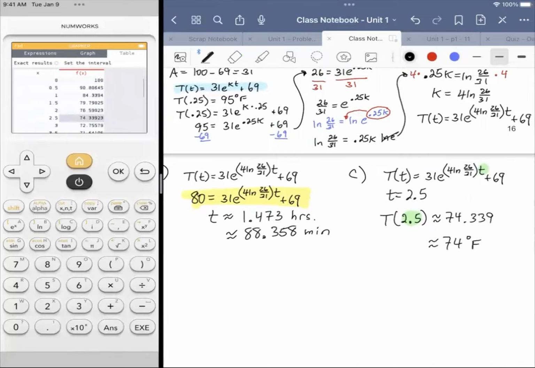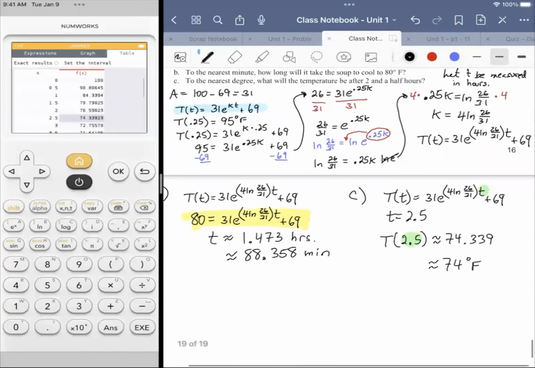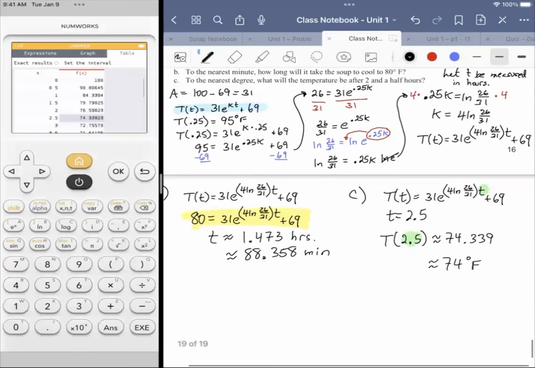Which I guess kind of makes sense, although after about 1.4 hours, so we're in this neck of the woods for part A, that'll get us to 80. To get us below 80, it's going to take more time.